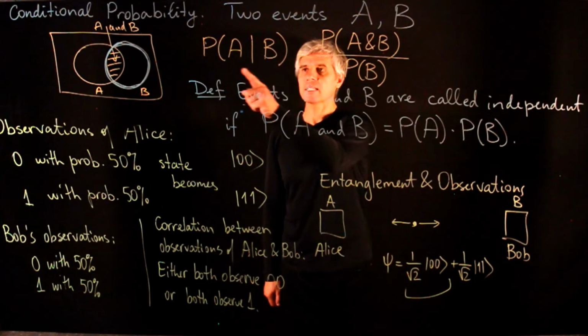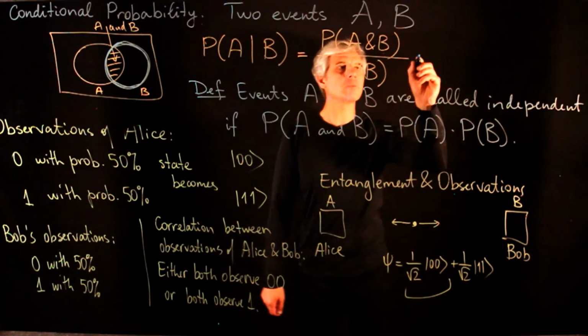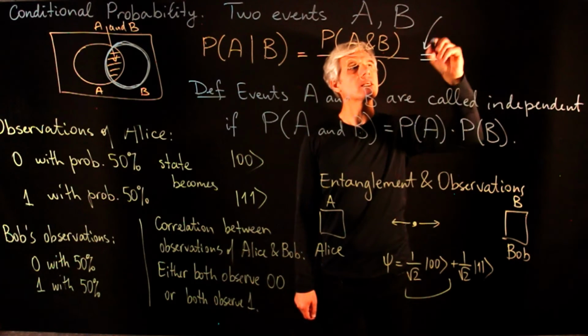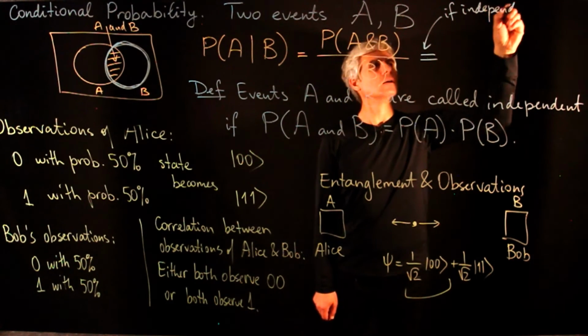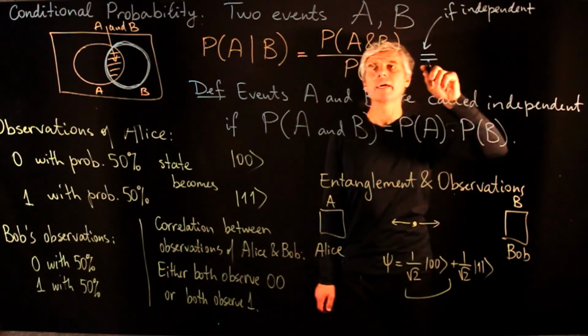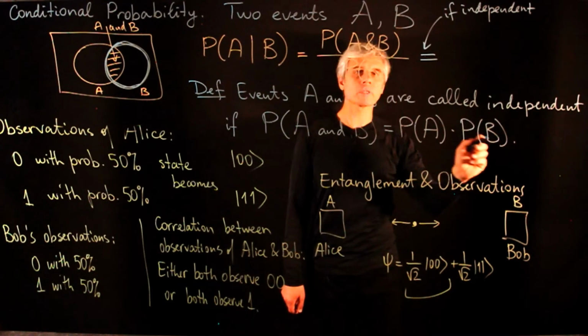So now let us look at conditional probability in the case when events A and B are independent, right? So if independent, then the probability of A and B is the product of two probabilities.